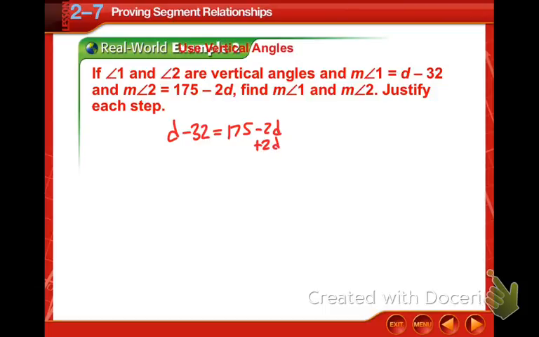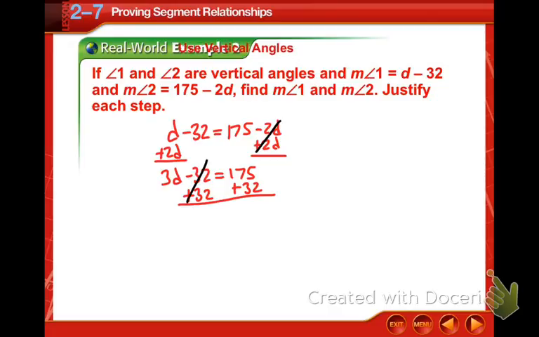Add 2d to both sides. So 3d minus 32 is equal to 175. We add 32 to both sides. And 3d is equal to 207. And we divide by 3.